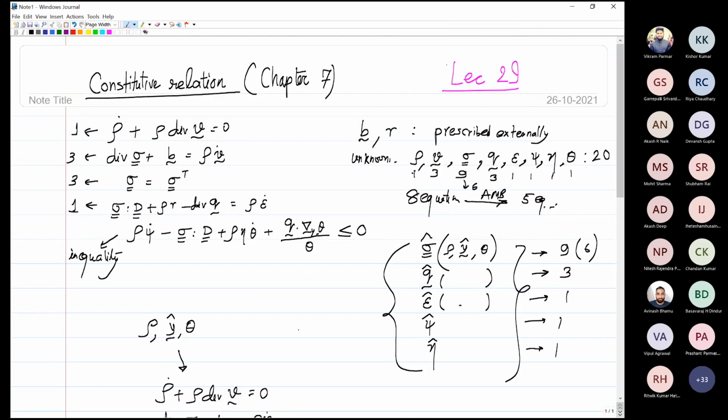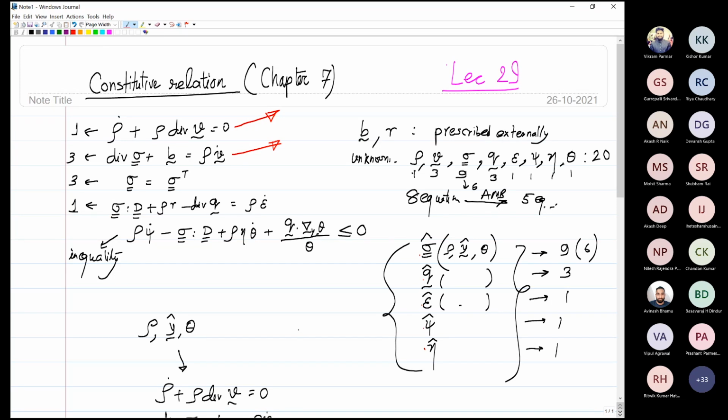Now, if we look at the field equations, number one is mass continuity. You see that in this equation, none of the constitutive variables are present: sigma, Q, epsilon, psi, or eta. So mass continuity does not put any restriction on the constitutive equation. Then if you look at LMB, it has sigma in there.